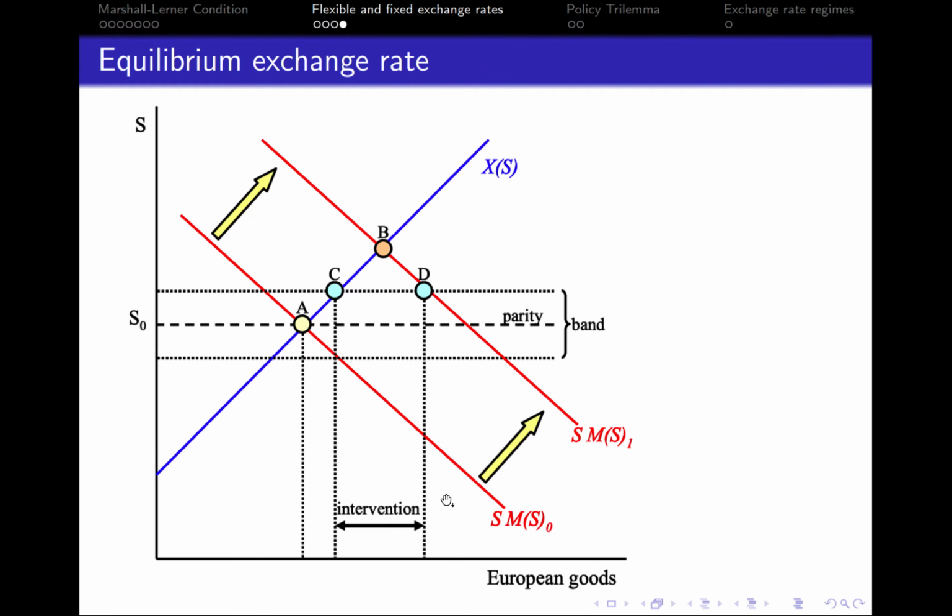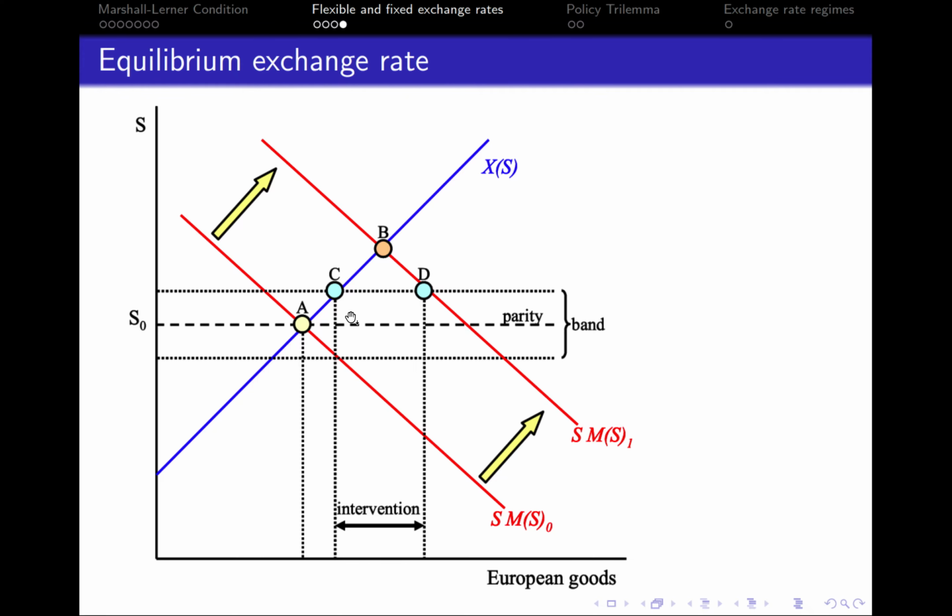At the intersection of the two curves, we see the equilibrium exchange rate at level S0, and of course the level of production of European goods associated with it.